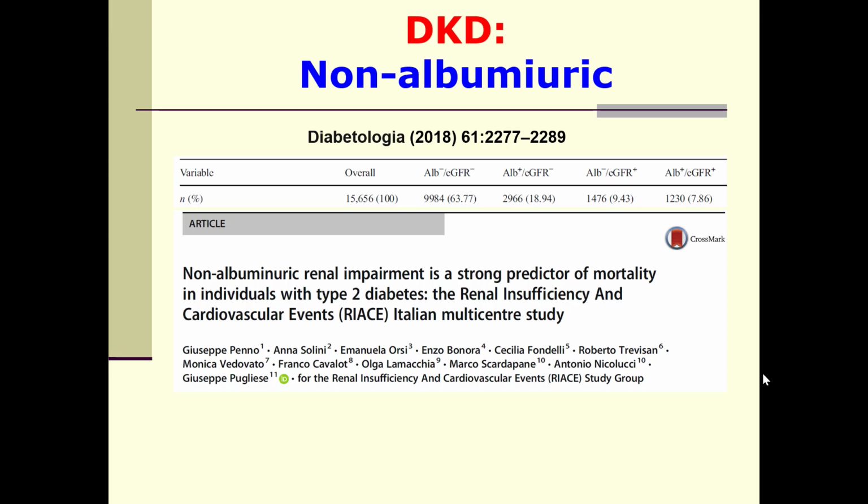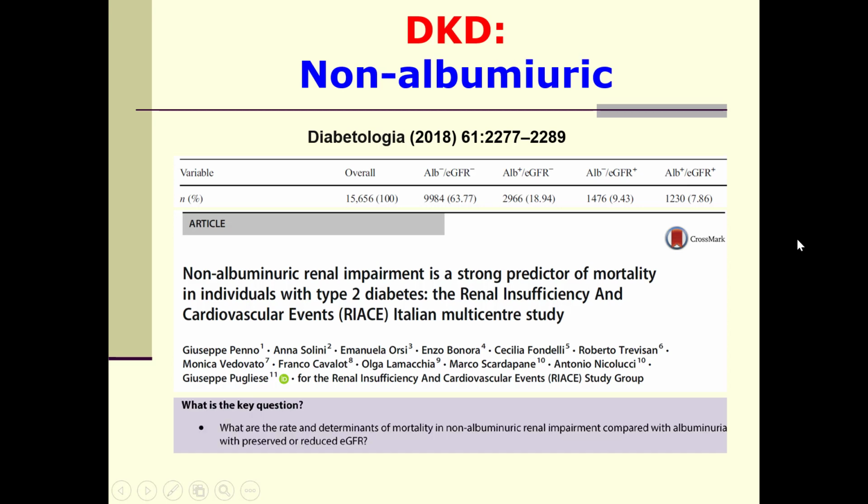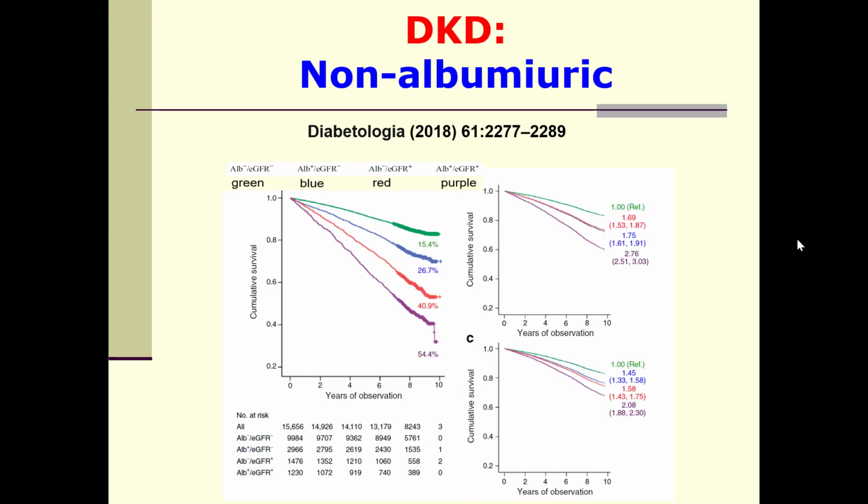Let us shift to Italy. This is a large cohort of 15,000 patients, and again we have normal albuminuric with normal estimated GFR, albuminuric with normal estimated GFR, normal albuminuria with reduced GFR, or both albuminuria and the reduction of estimated GFR. And the question is, what are the rate and determinants of mortality in non-albuminuric renal impairment compared with albuminuria with preserved or reduced estimated GFR?